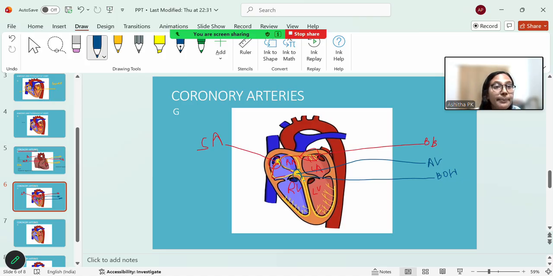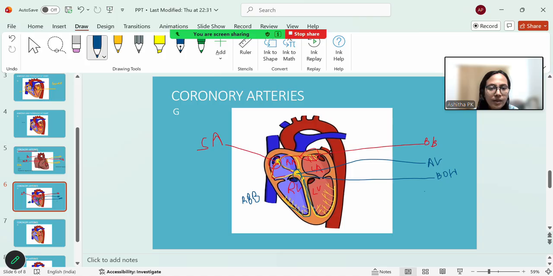From the bundle of His, on the ventricle side, it separates into two branches. One is known as the right bundle branch, and the next one is the left bundle branch.